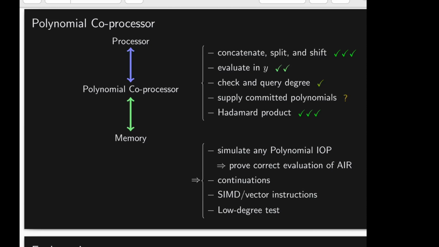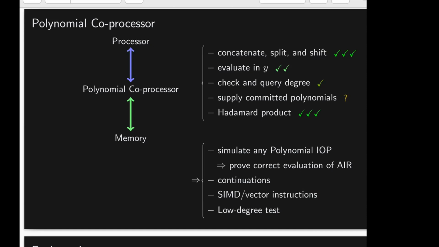You can also use polynomials and committed polynomials to affect continuations. That is what TIP 8 is about, which is an improvement proposal. And obviously, and this was the whole idea that gave rise to the notion, you can affect single instruction multiple data. So already for addition, if you add two polynomials, it corresponds to element-wise addition of their coefficient vectors.